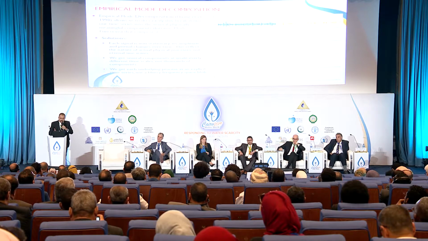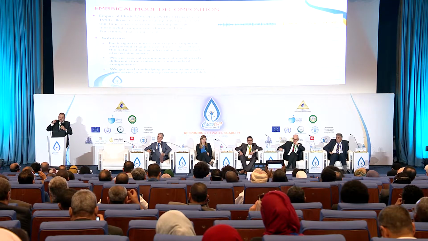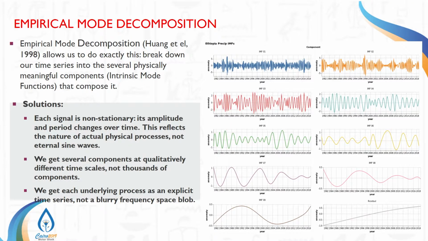So here we go to EMD, where we break down the time series into several physically meaningful components. And this is what we call IMFs, or intrinsic mode functions. Basically you are subdividing the whole time series into different cycles, into different frequencies, where each frequency might be driven by a different physical process.